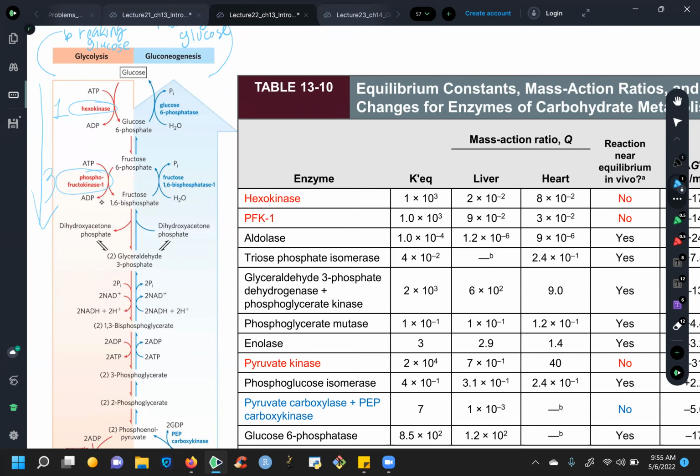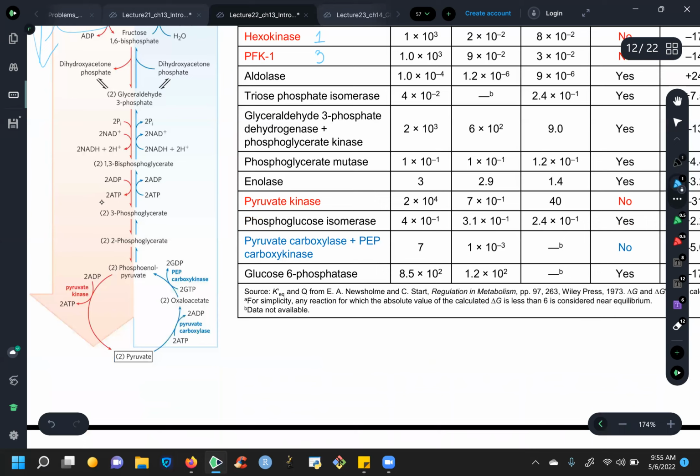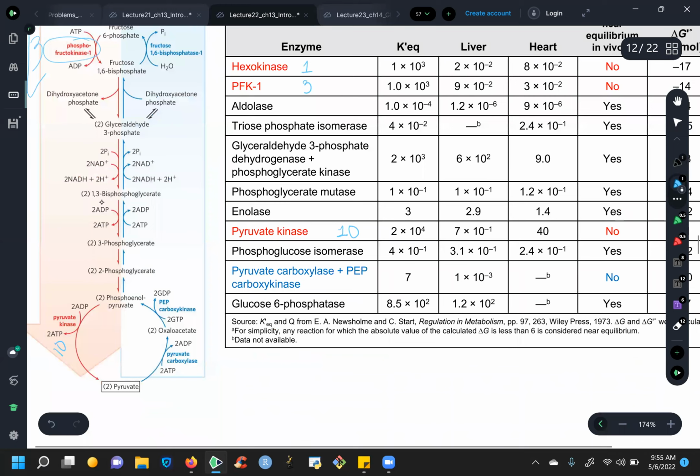Phosphofructokinase 1 is a highly regulated enzyme. And then here on the right, hexokinase, and then reaction 3 was phosphofructokinase 1. And then here, this is reaction 10, and this is also irreversible. The enzyme associated with this is pyruvate kinase. Okay, so let's take a look at these 3.